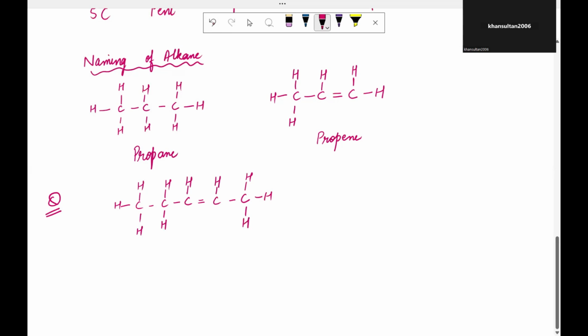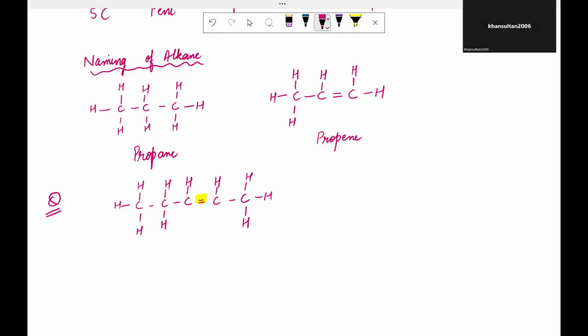First of all, we have to decide whether it's an alkane or an alkene. So, what do you think? It's an alkane or an alkene? Alkene. Yes, it's an alkene because of this double bond. And now, there is a thing from where we need to start numbering the chain.